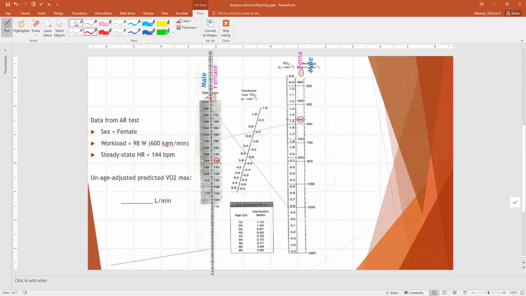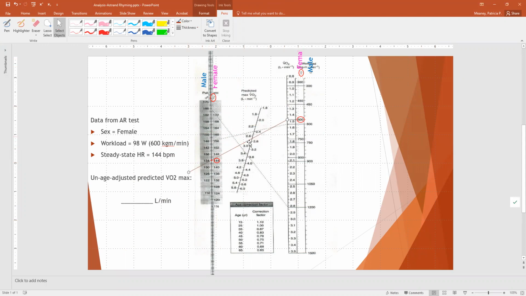Since I'm doing this in a computer format, I am going to change that up a little bit and use a line tool. I'm going to start with one end of the line on my workload point, and then drag the other end of the line so it passes through the point that I drew for heart rate.